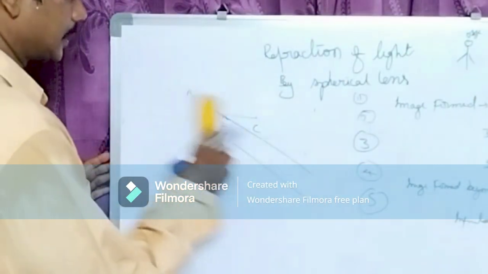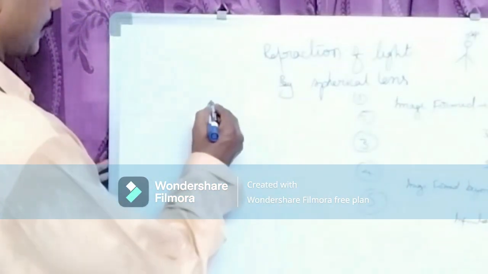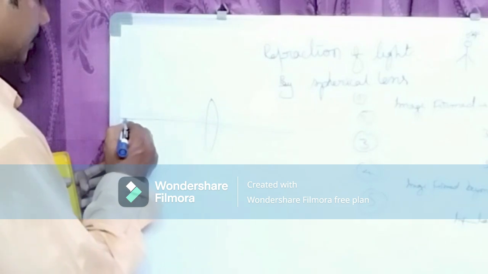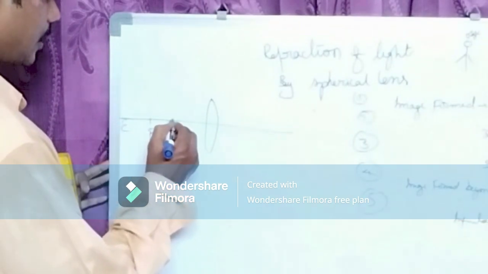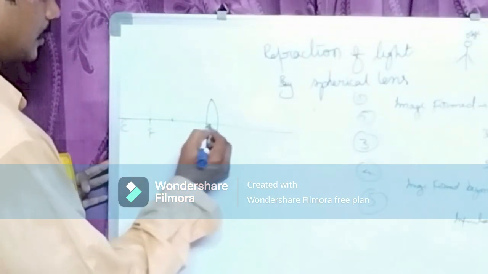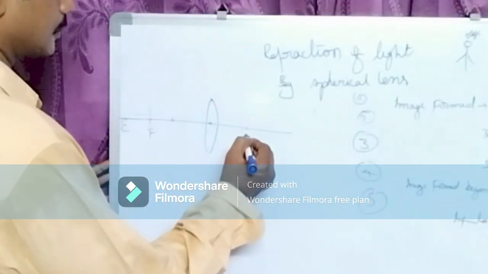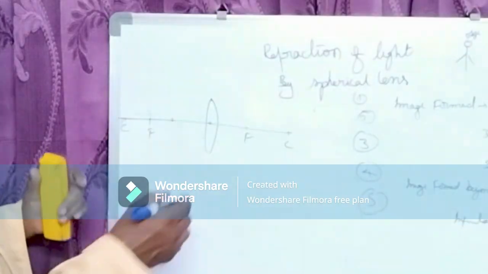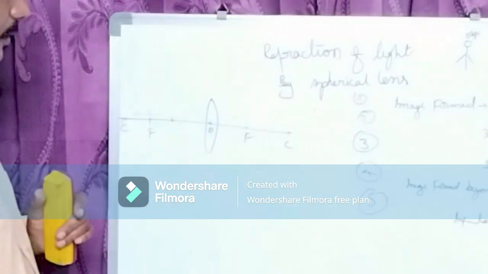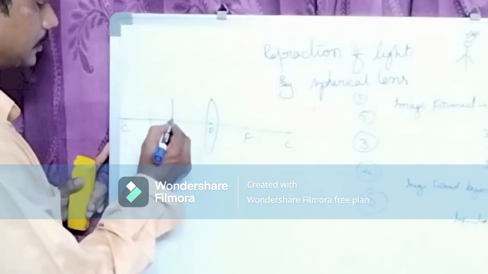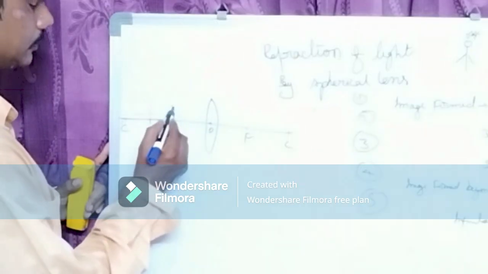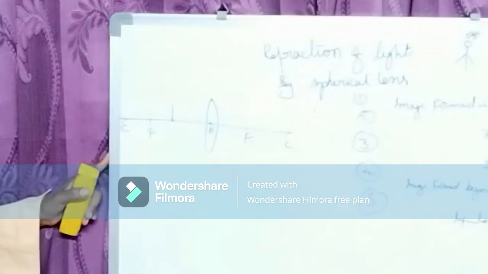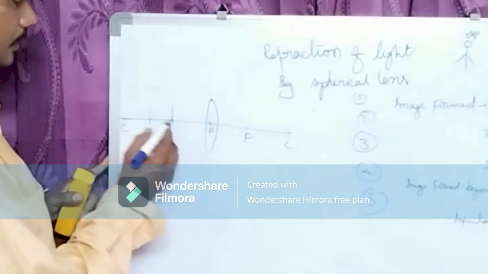Now coming to the sixth case, the same scenario repeats. Here C, here F. Now the object is in between F and O, the center. This is the object. Here we get a different kind of result.